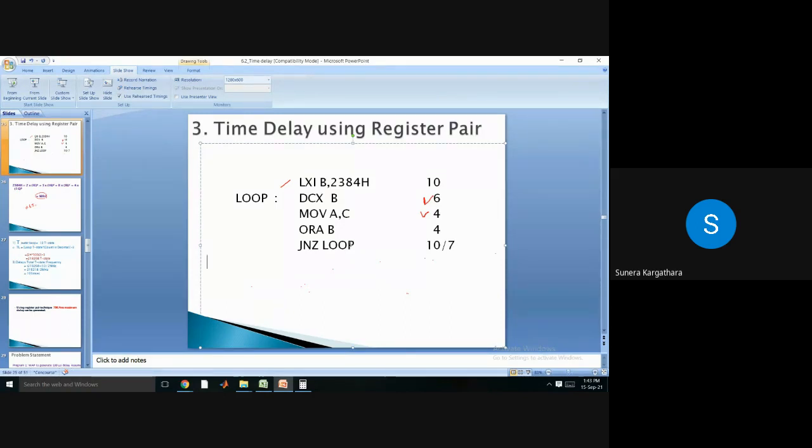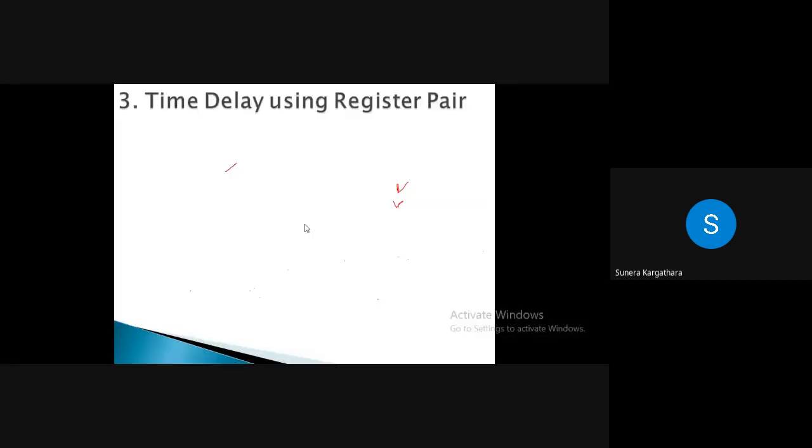How many instructions? To find the total delay, we need to find the outer loop delay and the loop delay, right? How many instructions are inside the loop? How many instructions have you written inside the loop?